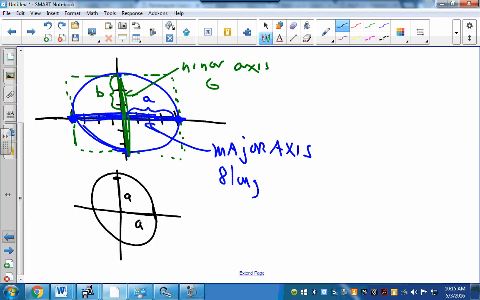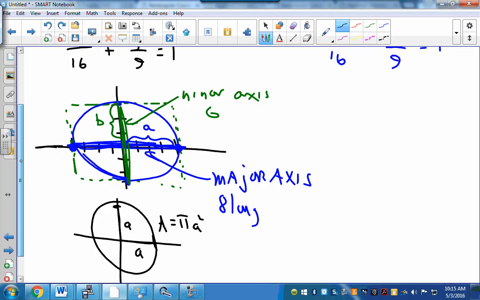Yes, that's a circle. What's the area of a circle, by the way? Pi r squared. But in this case, I wouldn't write pi r squared. I would write pi a squared, right? Because the radius is A.